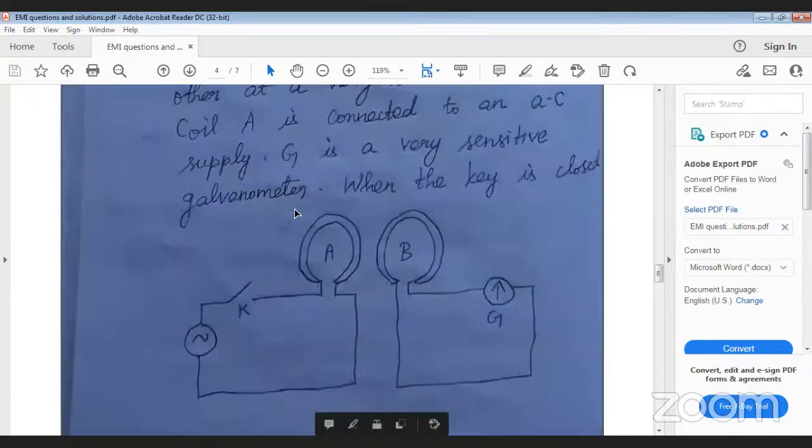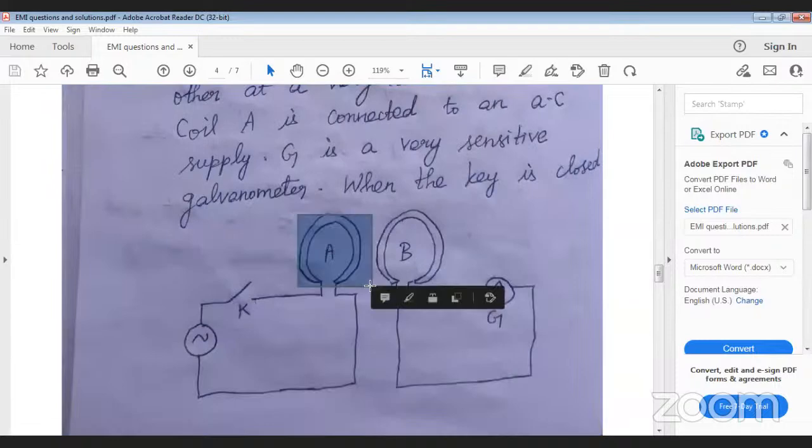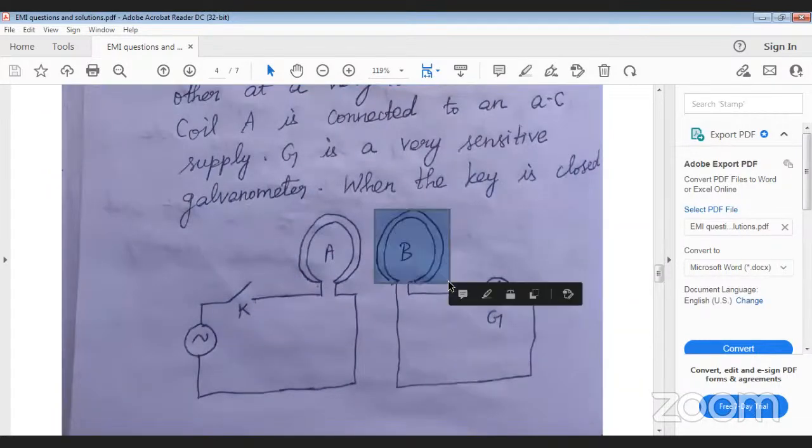This is the concept of mutual induction. Mutual induction means flowing of current in one coil causes induced current in the second coil.